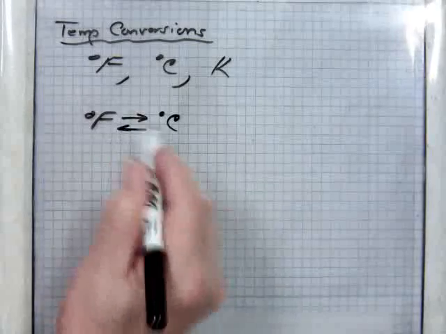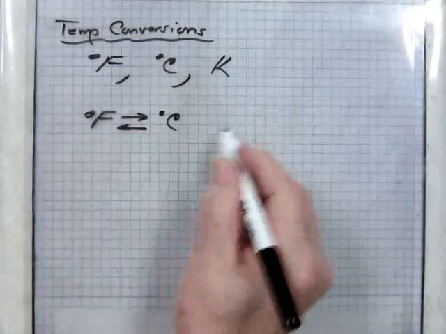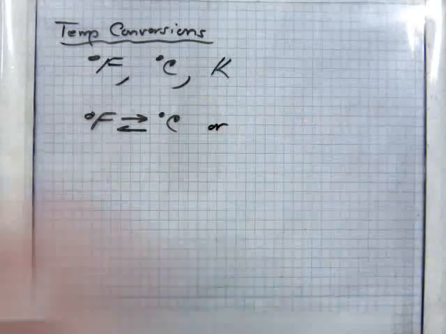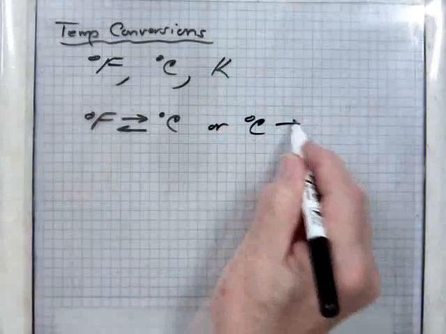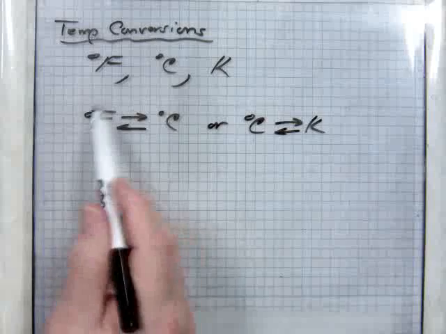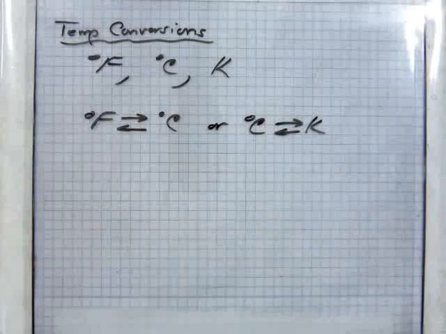What are the formulas for that? Going to Kelvin, which you will need a lot, it's degrees C going to Kelvin, or Kelvin back to C. So if you're given Fahrenheit, you have to calculate C before you go to Kelvin.